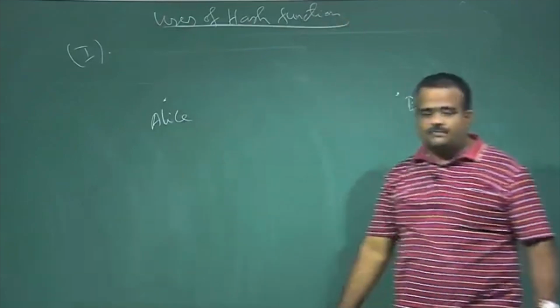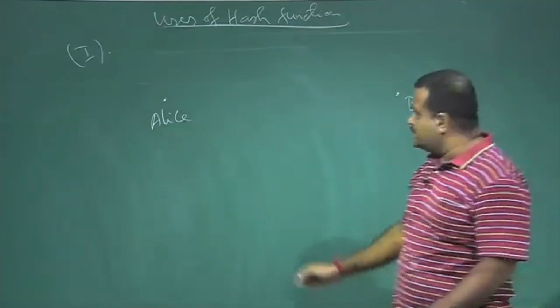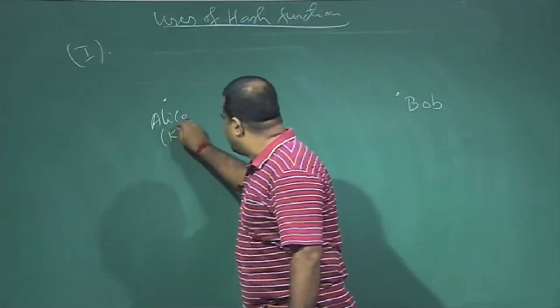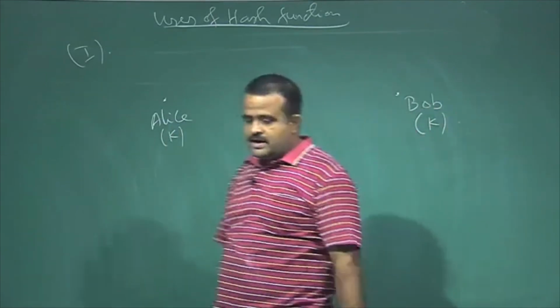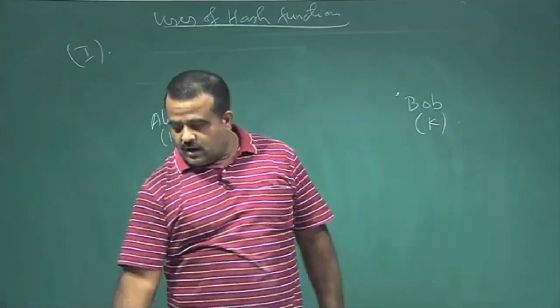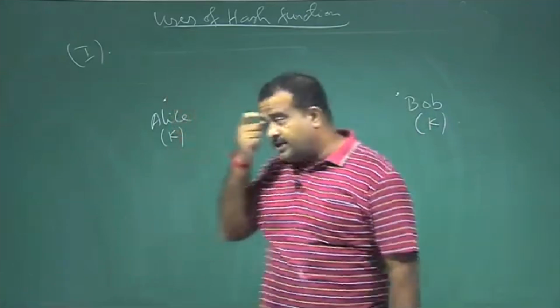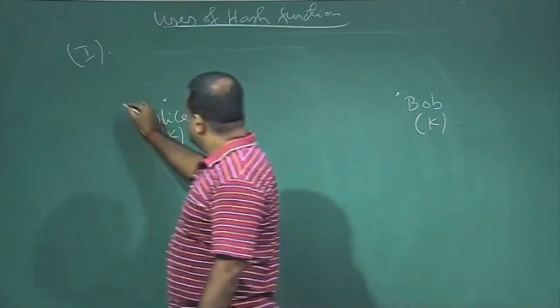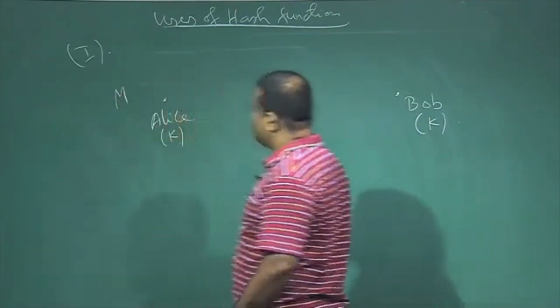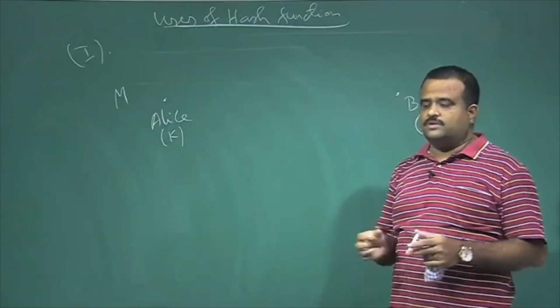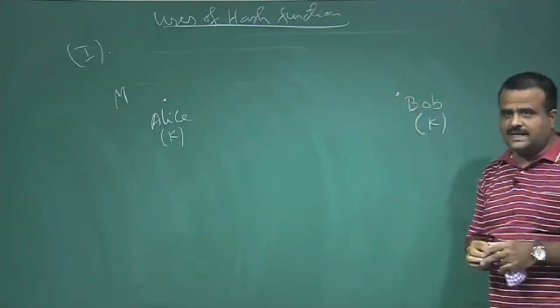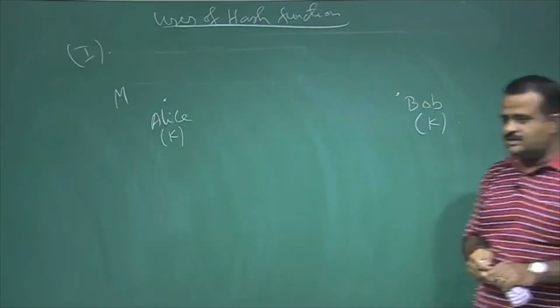Alice and Bob are in a symmetric key setup, say. So, they have a common symmetric key K, and they want to authenticate. Alice has a big message M, which Alice wants to send to Bob, and Bob has to ensure that the message is really coming from Alice. That is what authentication is.